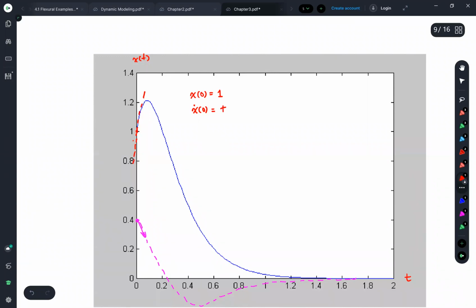I don't know whether it's 2, 3, 4, I don't know the exact number, but it's positive. It's not negative. It's a positive velocity at time t equal to 0. And with this initial displacement equal to 1 and the velocity a positive number, it gives the plot of the blue line.